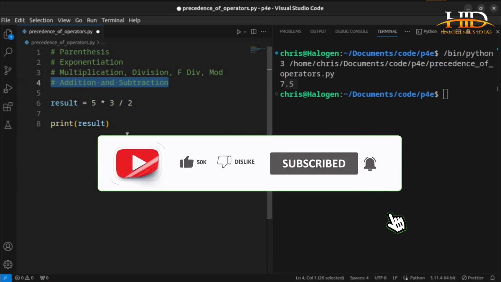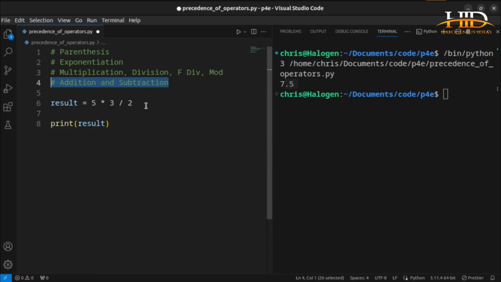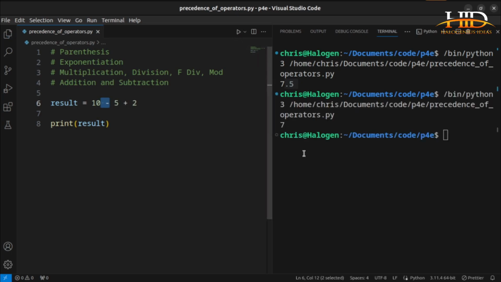So if I have something like 10 minus 5 plus 2, if you take this one first or you take this one first, it will still give you the same result, which is 7.